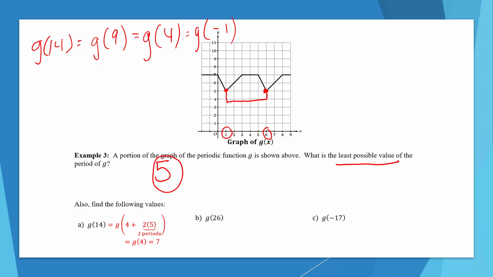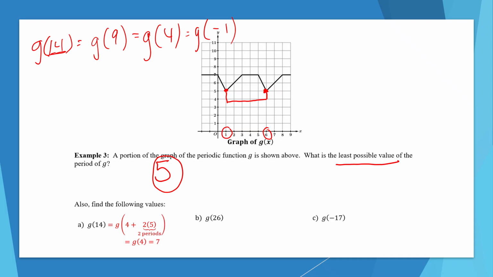And so the main thing here is to look at the number that we're given, which in this case is 14, and then you can add or subtract a multiple of the period. And by doing that, you're going to get the same y value. Now, you kind of have to guesstimate or use a little bit of logical thinking to determine how many periods you need to move up or down, but it should be pretty easy with these numbers.